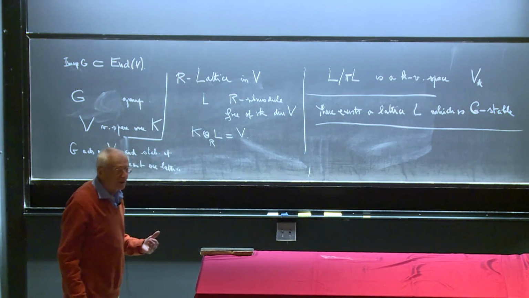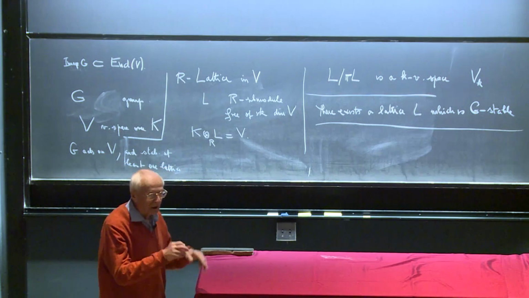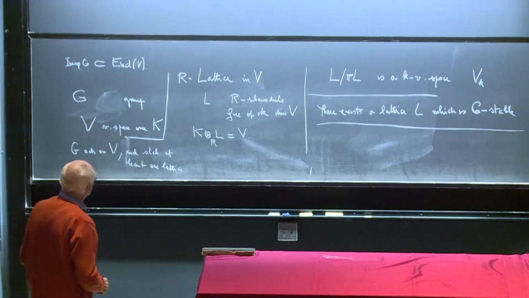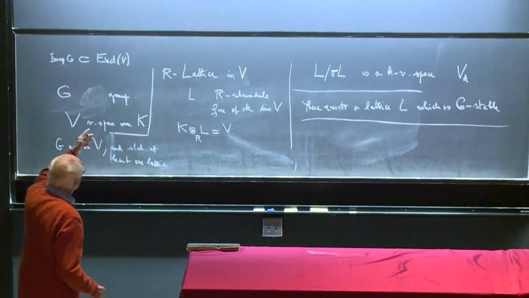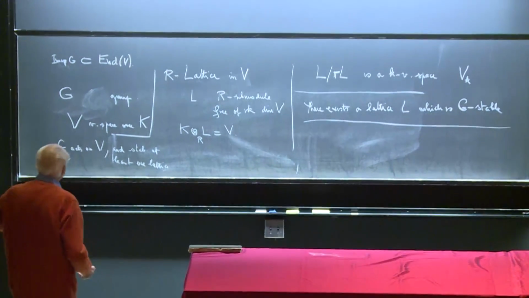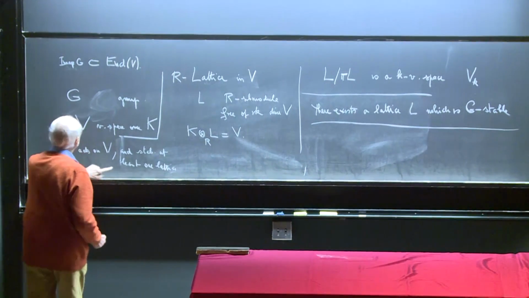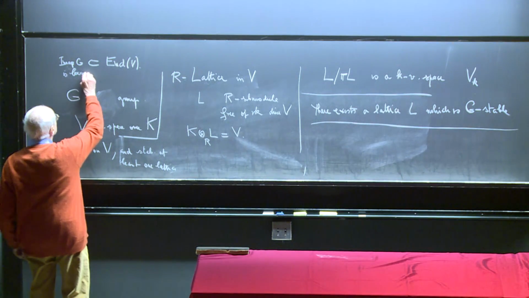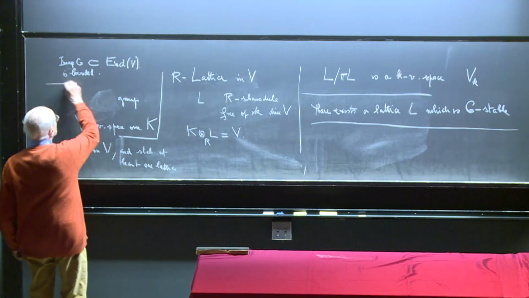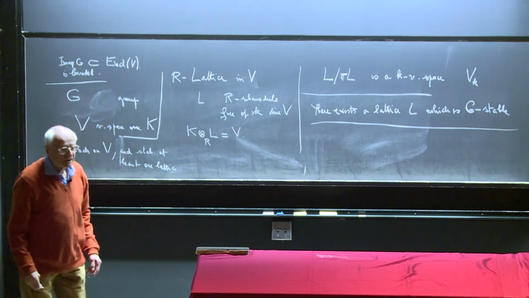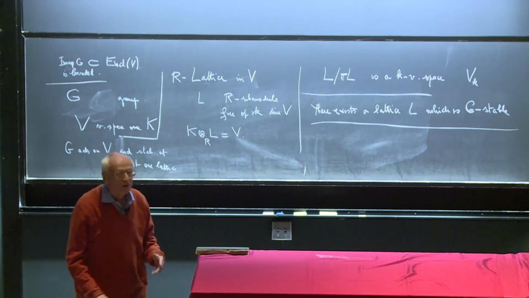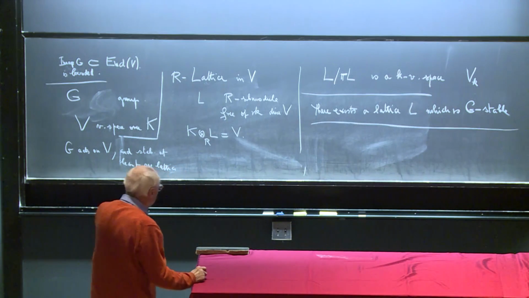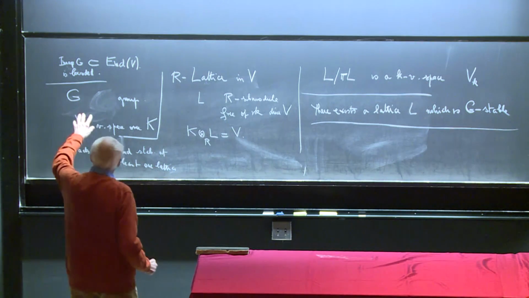A bounded subset is something which can be put in a lattice. And if you put a metric, it will be the usual. So my hypothesis here is that the image of G is bounded. But the group could be infinite. And it's interesting to take periodic groups and so on, as long as they are not too large.